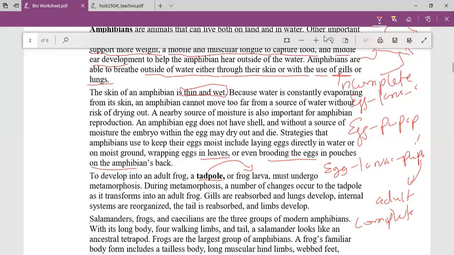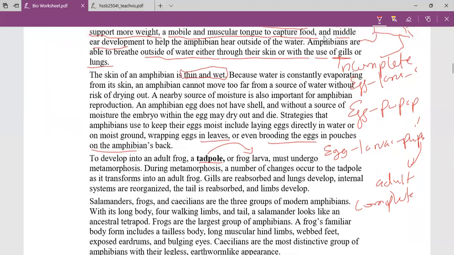It cannot. Is it possible for the same species that undergoes complete metamorphosis to go incomplete? No. If it's an organism that goes through complete metamorphosis, it's always complete. It cannot change to be incomplete again.